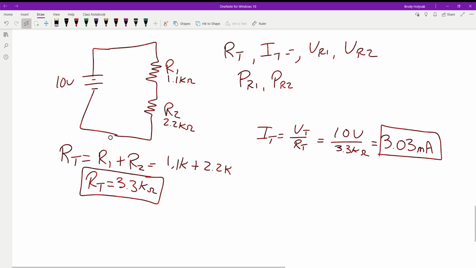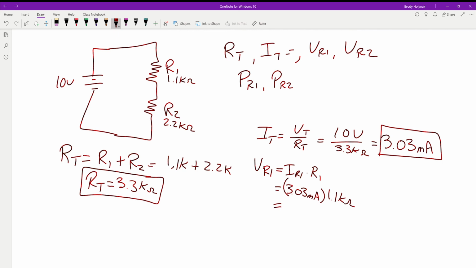So we have that. Now we need to find our voltage drop across R1. So to find voltage, which formula do we use? Current times resistance. Okay, so in this case, our IR1 is going to be the same as the total. And then R1 is 1.1K.